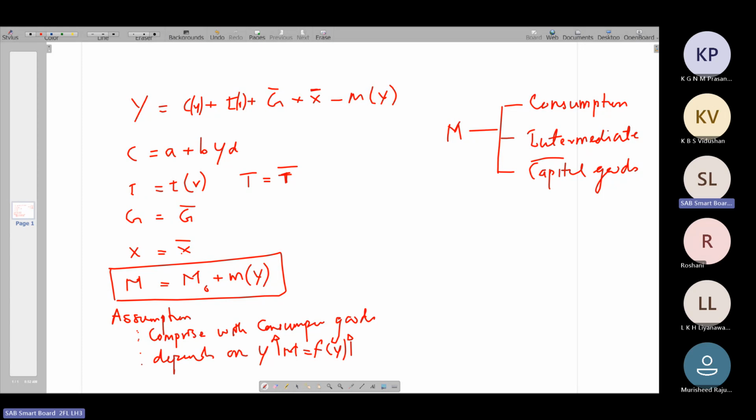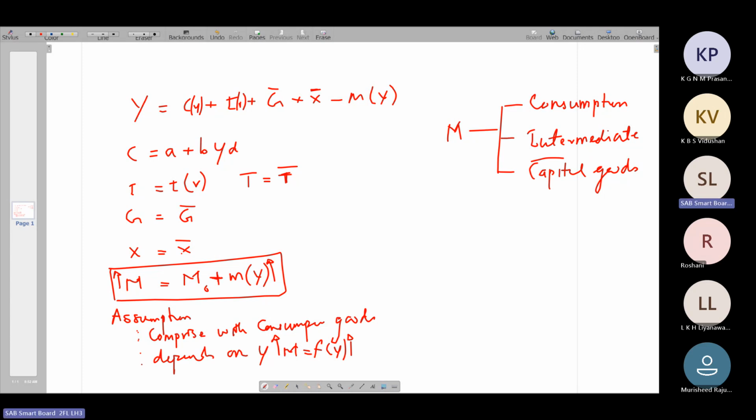Because when our income level increases, people go to more sophisticated products, moving from inferior goods to normal goods or luxury goods. So when our income increases, imports increase. That's why the import function is positive: imports have a positive relationship with income. The higher the income, the higher the imports. So we assume imports depend on income, with price level, exchange rate and interest rate remaining constant.